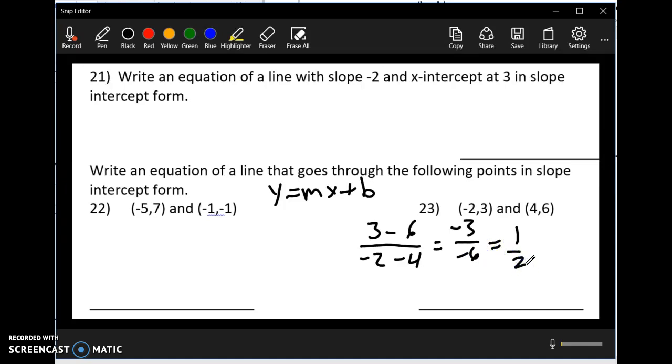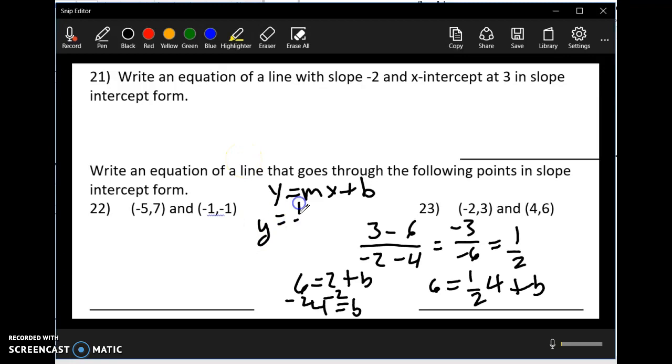I'll then use that to plug in 2 points, so I'll say 6 equals 1/2 x, which is 4, plus b. Well, 1/2 times 4 is 2, so I'm going to end up with 6 equals 2 plus b, or that b equals 4. Then again, we just plug everything in, so y equals 1/2 x plus 4.